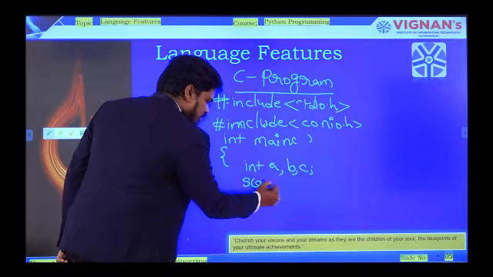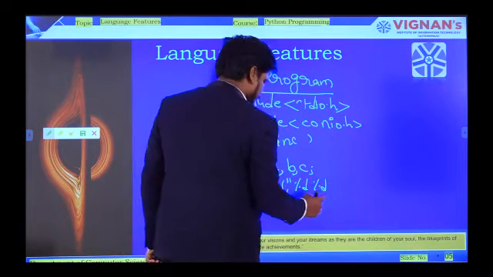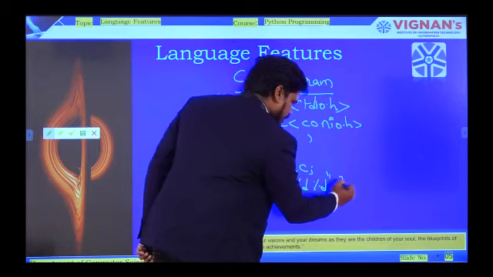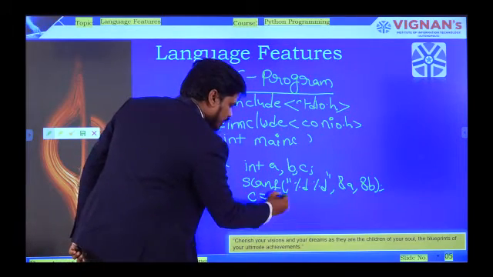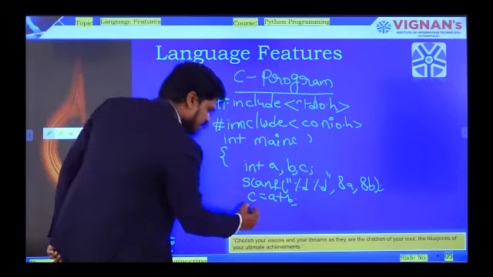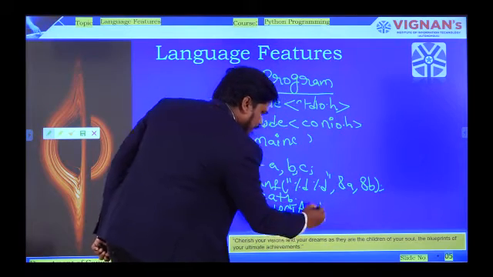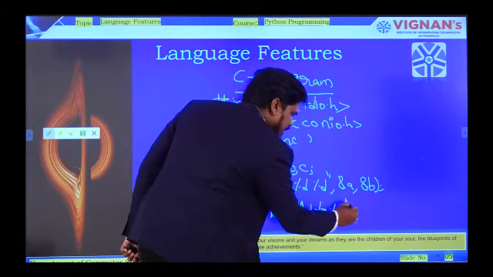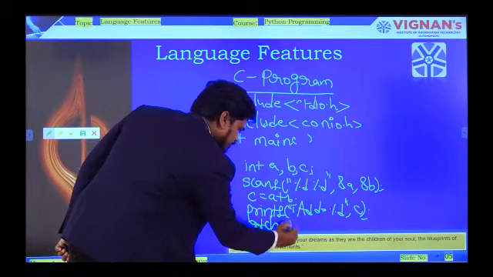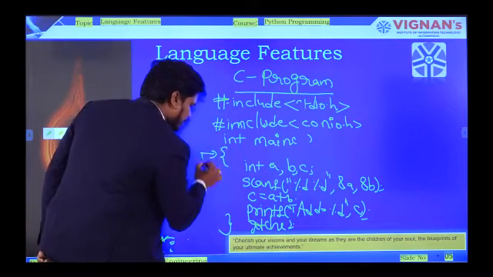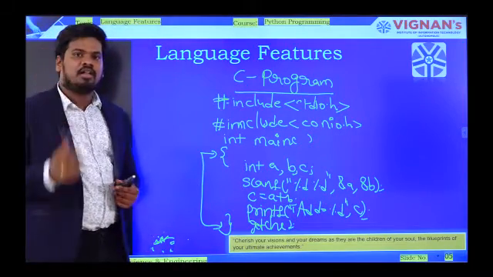Next I will read the values: scanf of %d, comma, address of a, comma, address of b. So c is equal to a plus b, and next printf of addition is equal to %d, comma c. So getch, and here I have opened my braces and here I have closed my brace. So this is the thing I will follow.